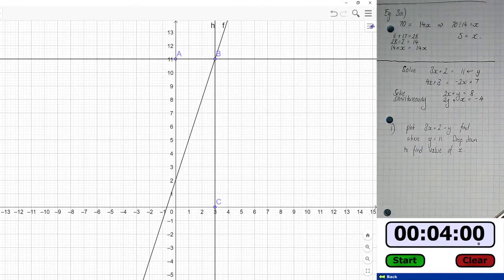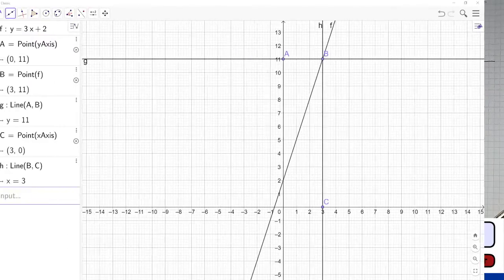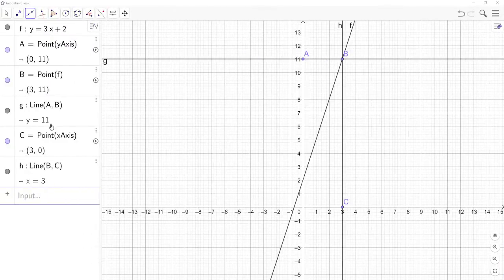Now, if we look at the coordinates for this point B here on the side, we have the coordinate 3, 11. That 11 is the y value of 11, which is from the equation we were trying to solve, and the x value is the value of x that we would need to give us that y value of 11.